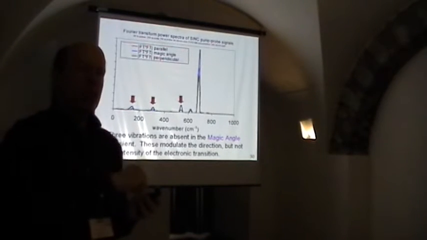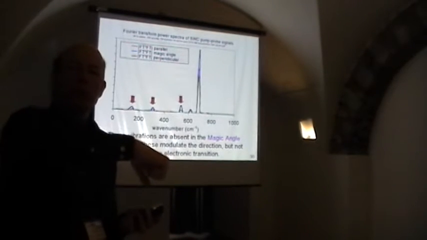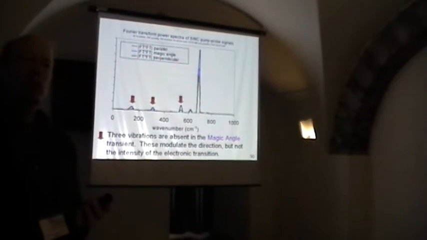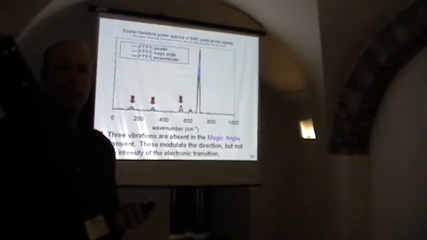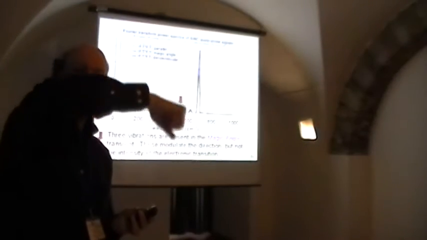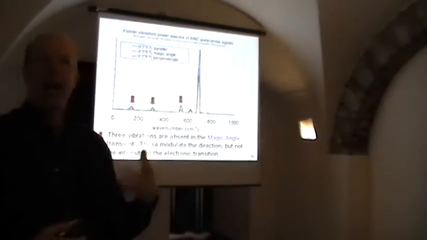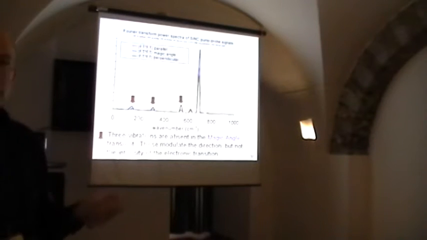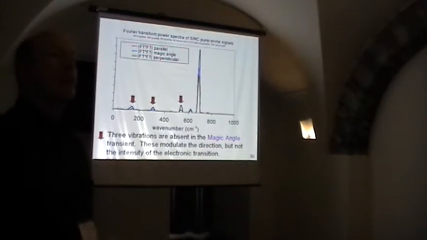All they cause a change in is which polarization of light the molecule absorbs. So these vibrations are modulating the direction of the electronic transition moment, flopping it back and forth from parallel to perpendicular. So these are your Jahn-Teller active vibrations. Is the phase different in parallel and perpendicular? It's pi different, right?